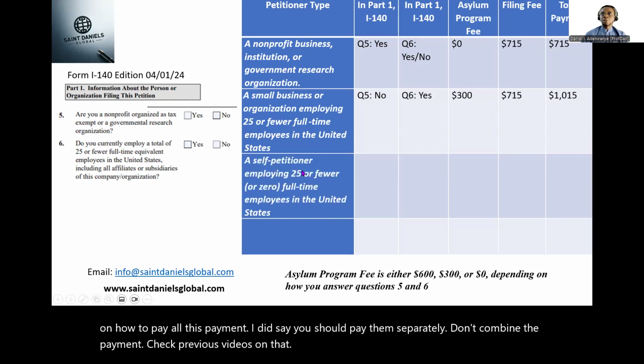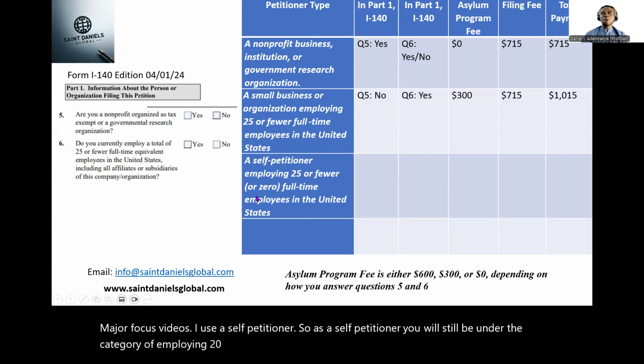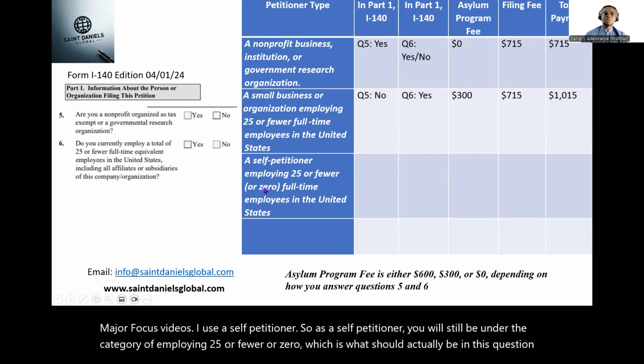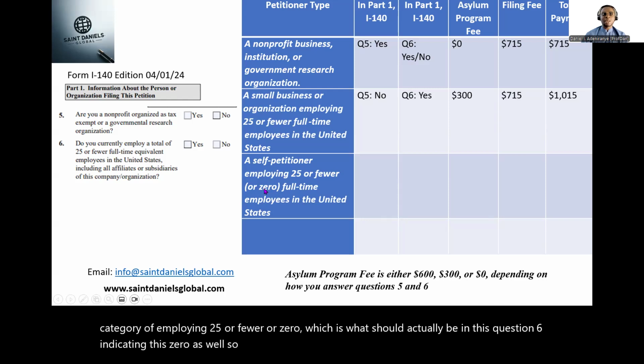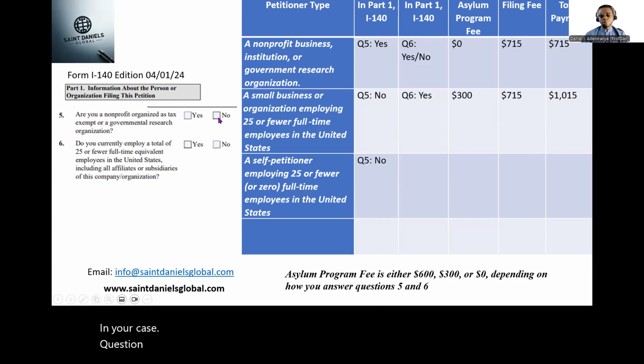The next category, which has always been my major focus in videos, is the self-petitioner. As a self-petitioner, you will still be under the category of employing 25 or fewer, or 0, which is what should actually be indicated in question 6, so that you are clear that you belong to that category, and to reduce confusion for self-petitioners. In your case, question 5 is no, because you are not classifying yourself as non-profit.